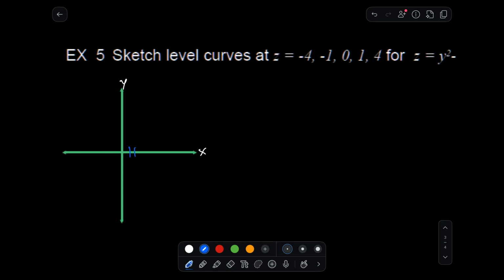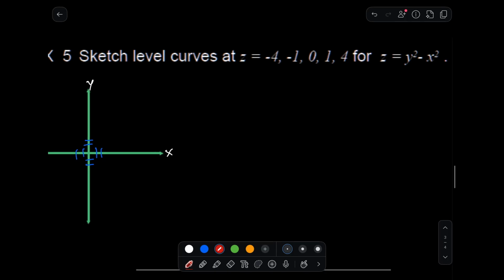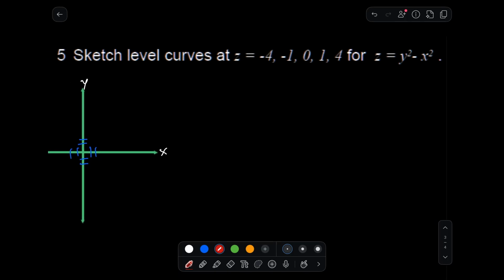Already noticing a couple of things. Just jump into it. It's going to be -4, x squared minus y squared equals 1.